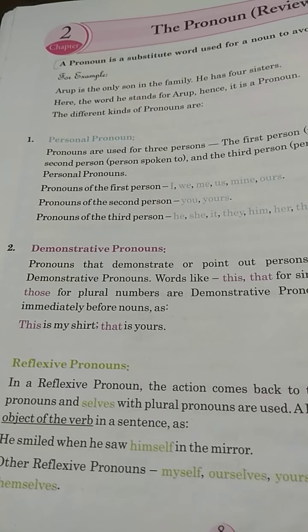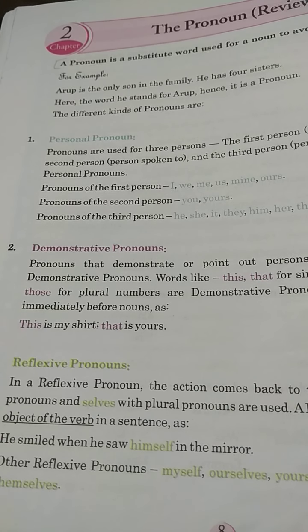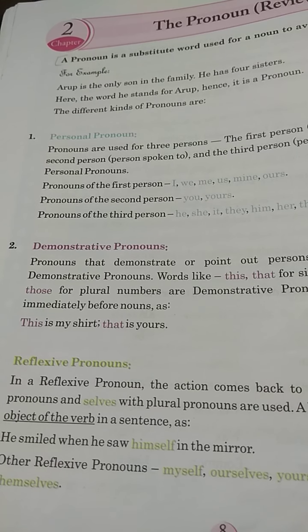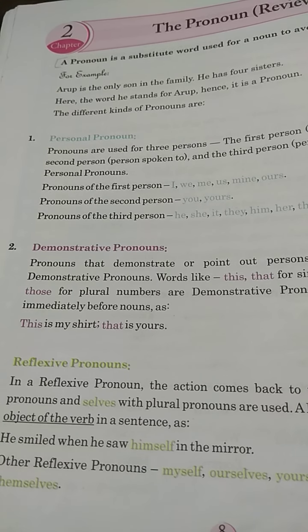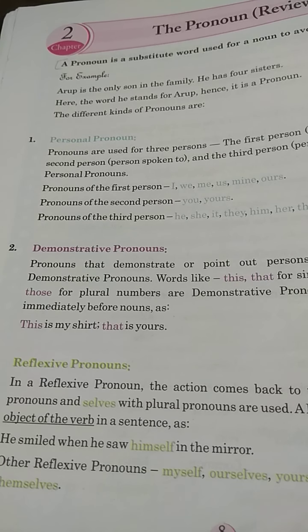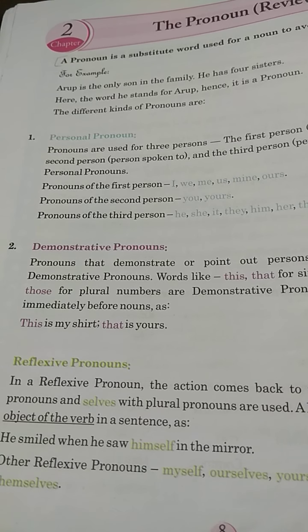As we know, nouns are naming words, so instead of a noun, we use words which we call pronouns, and we use pronouns to avoid repetition of the noun. For example, Arup is the only son in the family.